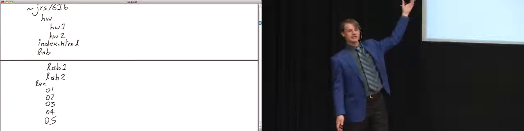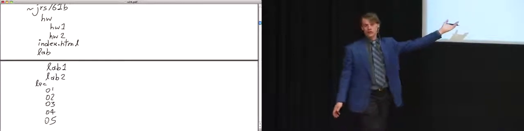So this is what you naturally get when you do a pre-order traversal of a directory with subdirectories. You get a nice readable printout that shows you the structure of that tree.